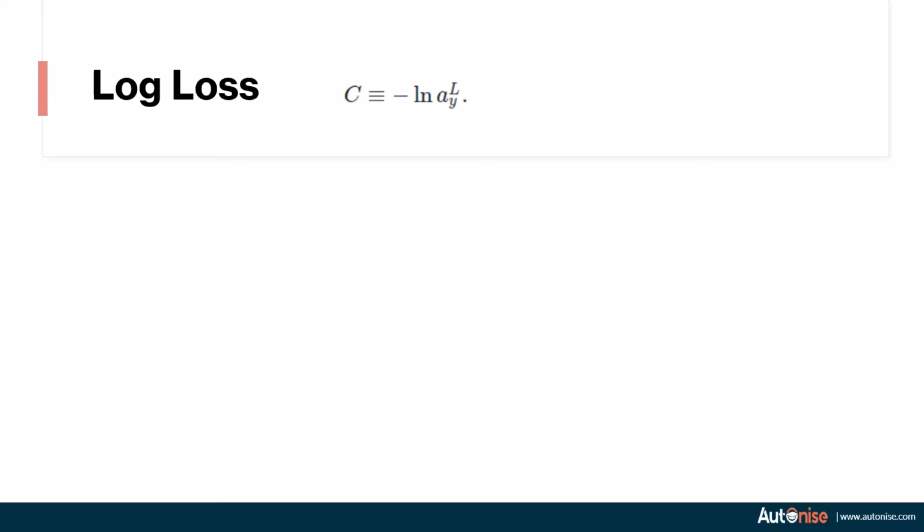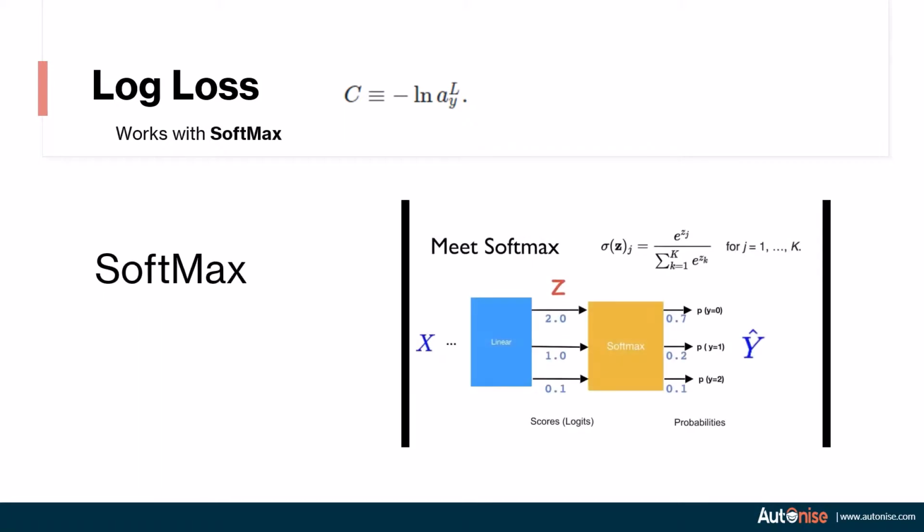To take care of that, we do not use the sigmoid activation function, but we use the softmax activation function. Let's have a look at the softmax function first, and then we'll connect it to log loss. So softmax has the following equation. Let's say we have 10 outputs in our output neurons. We take e to the power of each of the outputs of the neurons, and we add them up to get the denominator.